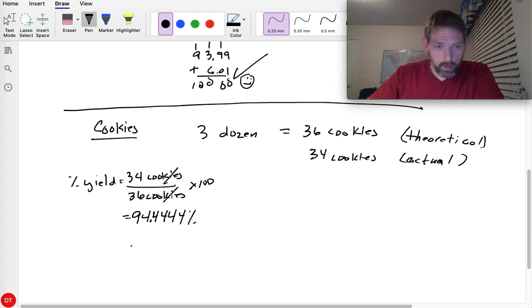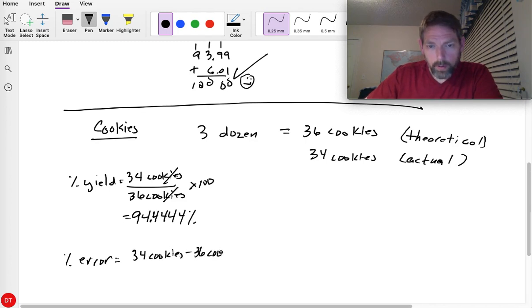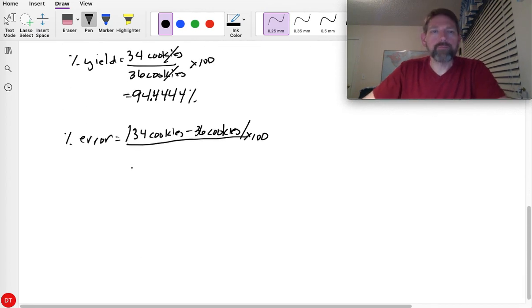So, percent error. Actual minus expected: 34 cookies minus 36 cookies. We want our absolute value, right? So that would be over the expected 36 cookies.